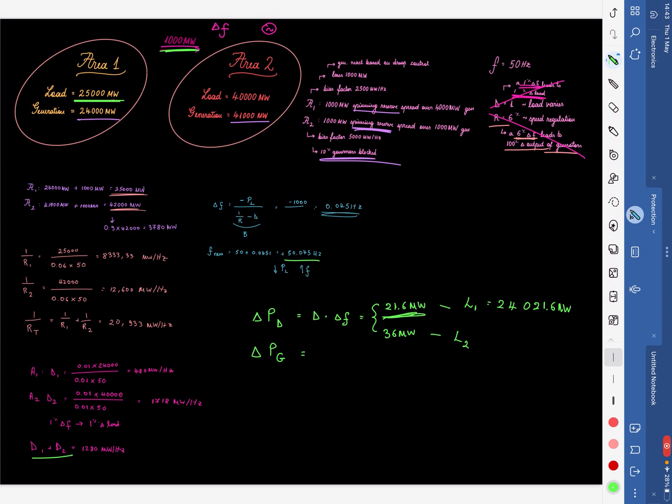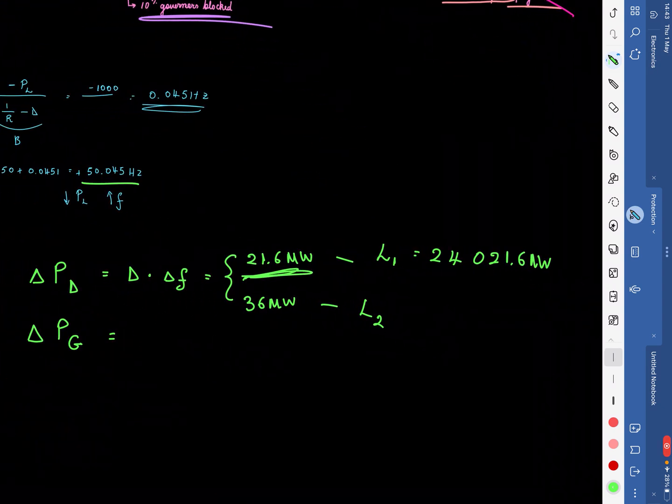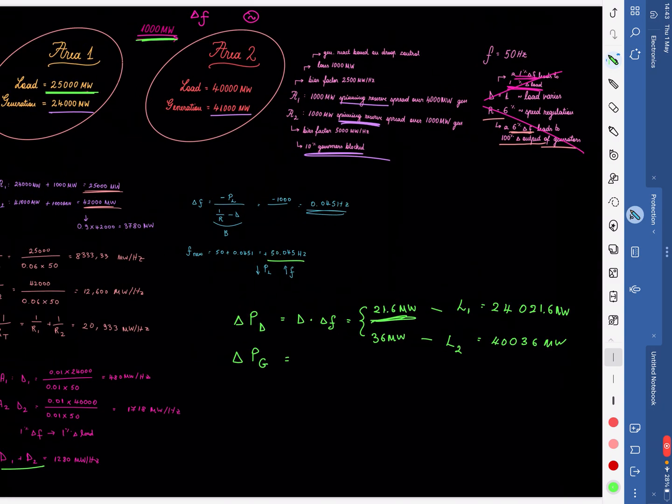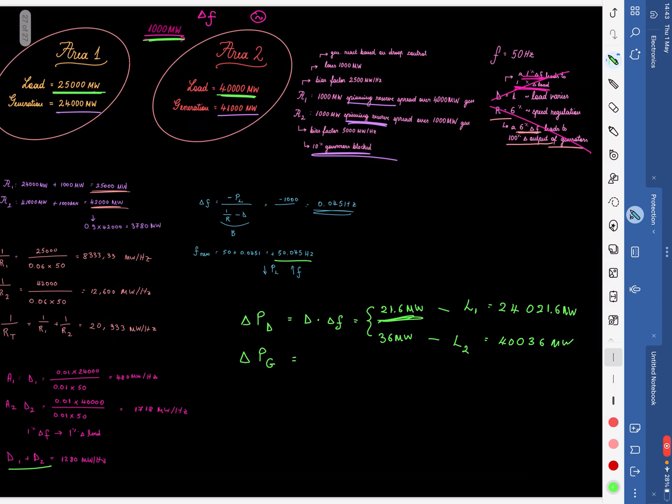So this, and same for the second area, 40,036 megawatts, because in area 2 we had 40,000 megawatts, and we have to add the change in the load of 36. So it's that.